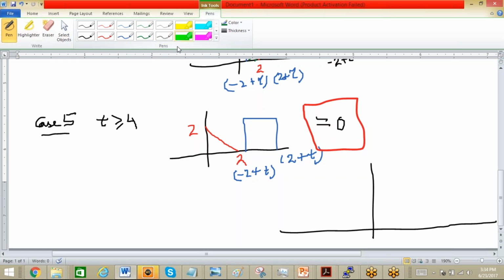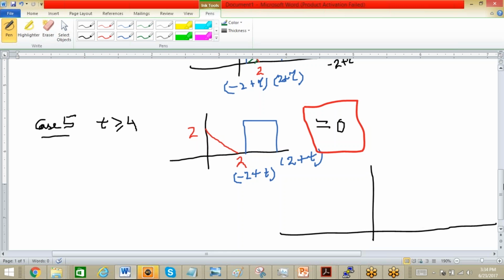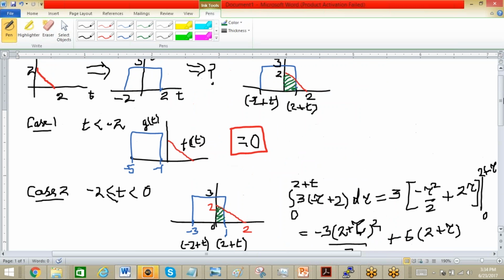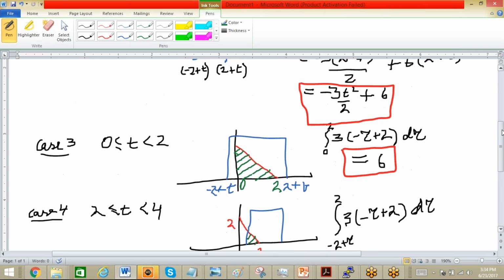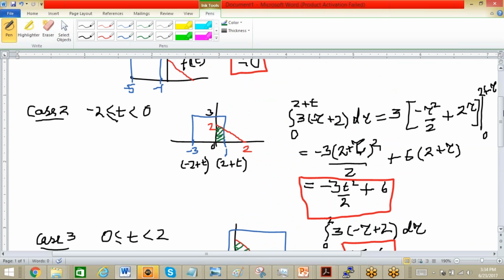So for the first case, that means less than minus 2, right, it was 0. So 0, like here, okay, up to minus 2. Fine. Now minus 2 to 0.